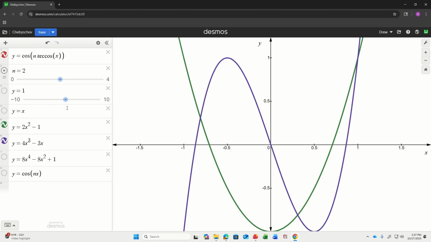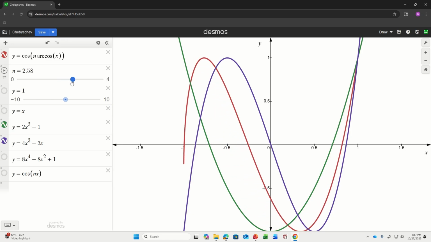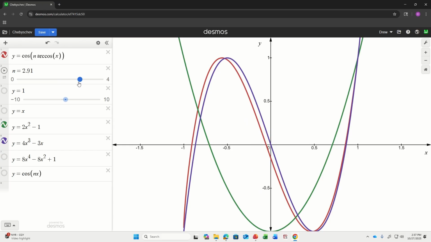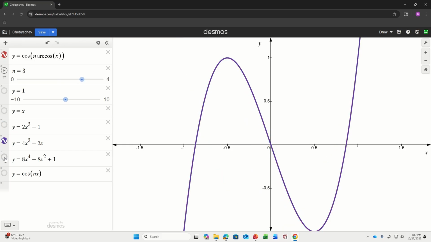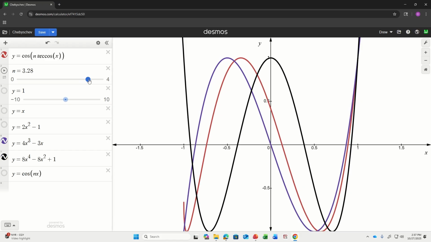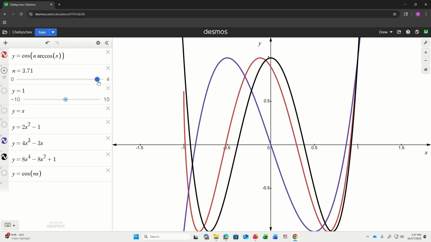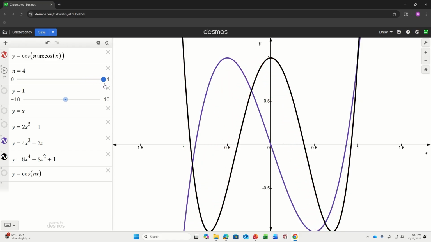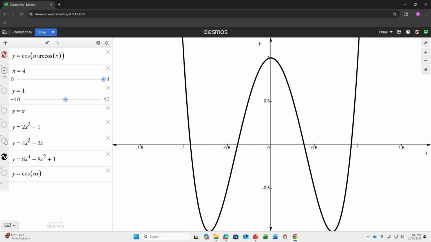That's in purple now. And if I change n from 2 to 3, I can make it match the degree 3 Chebyshev polynomial. And then here's my degree 4 Chebyshev polynomial, 8x to the 4th minus 8x squared plus 1. And then I'm going to change n from 3 to 4. And there you have it. Okay, I thought that was cool.